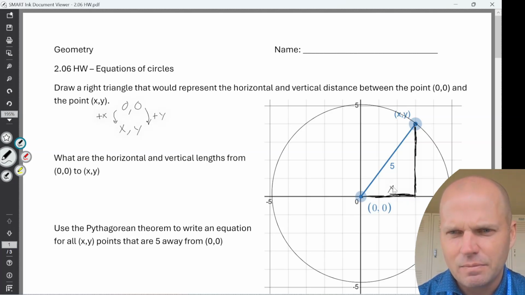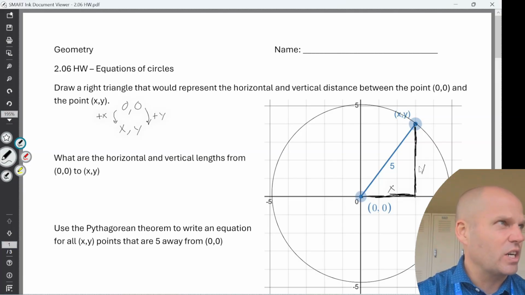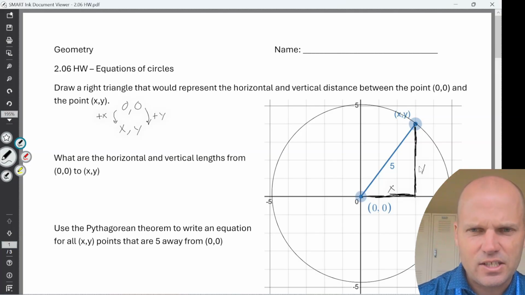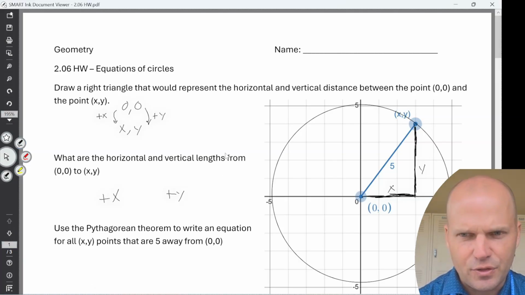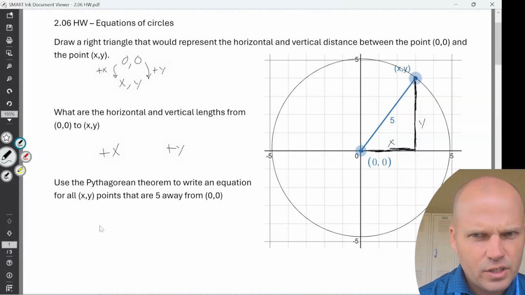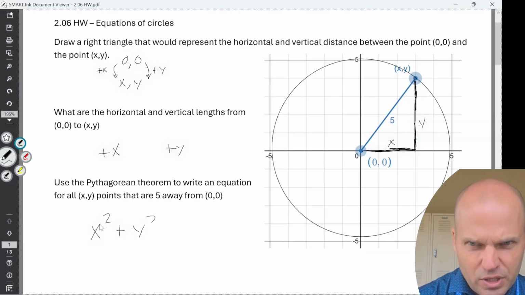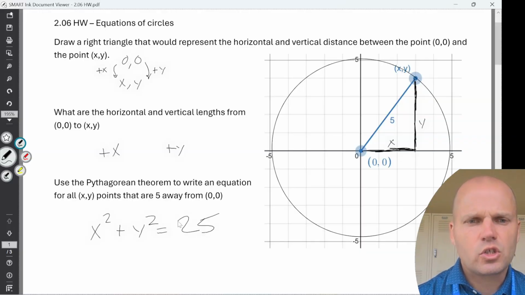And we realize that a squared plus b squared equals c squared is actually going to give us the equation of a circle. Plus x and plus y. And the Pythagorean theorem is going to be a squared plus b squared equals c squared.